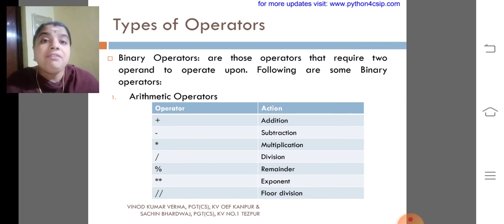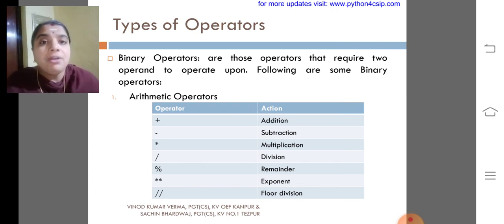That is, if we divide 5 by 3, what will be the remainder we get? 2. So that is the remainder-getting operator, that is nothing but the modulus. And double asterisk is used for getting the exponent, like 2 raised to 3. If we want to get the power, like 2 raised to 3, it will return 8.